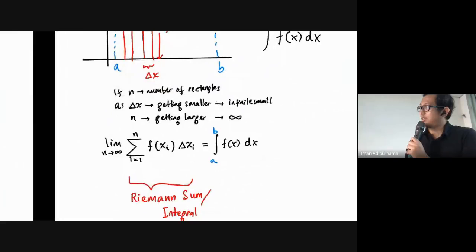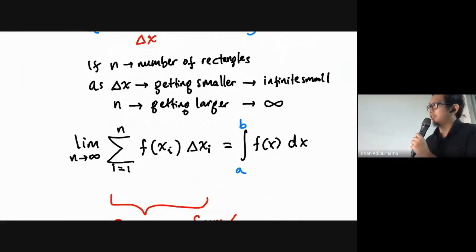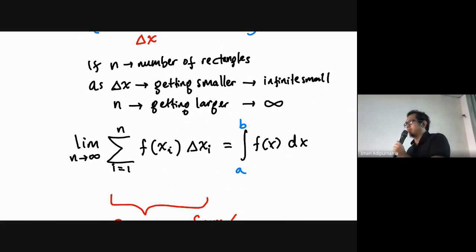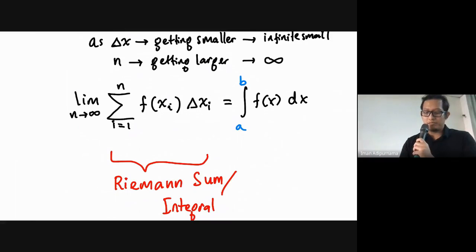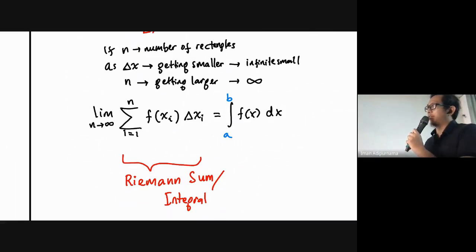This is the idea, the notation: the sum of the height, the function, multiplied by delta x, the width, is the box area, and you add all the box areas under the curve. By the definition of limit, as the number gets larger and larger, going to infinity, we eventually get the integral from a to b of f(x) dx. We call this definition the Riemann sum.